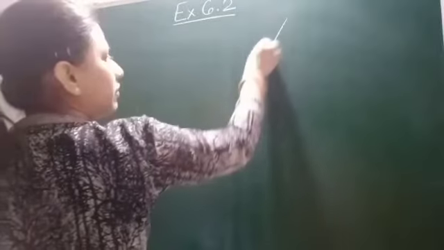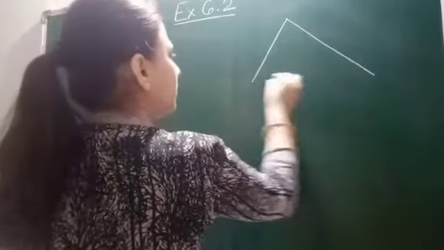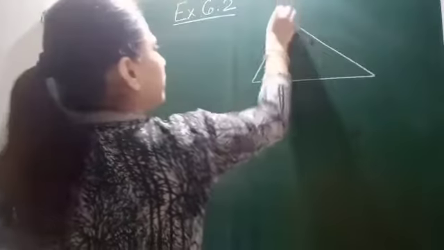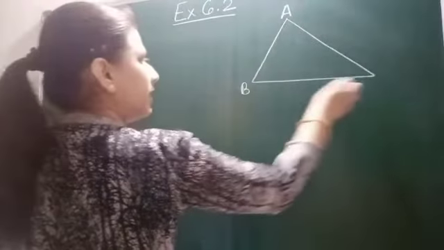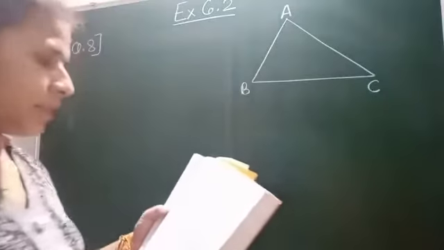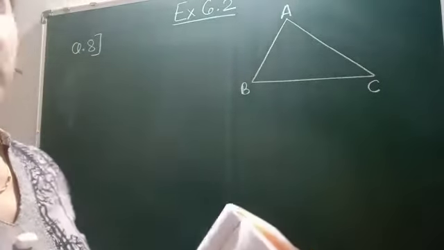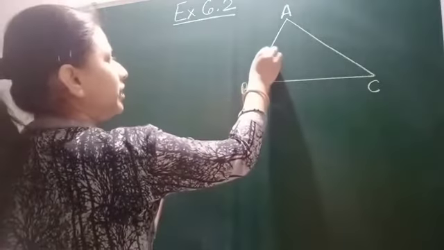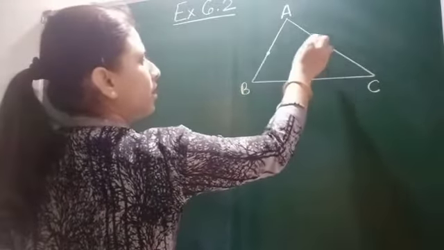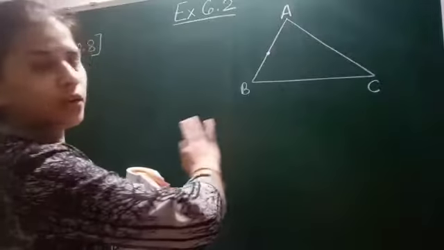It means first we will draw a triangle. Once again we will take triangle ABC. Line joining the midpoints of any two sides of a triangle means we have to take midpoints of any two sides of this triangle.